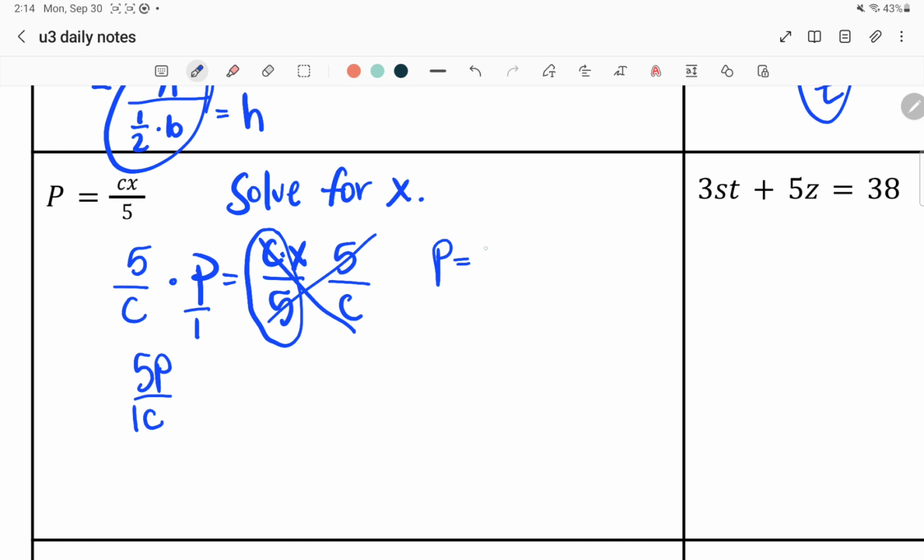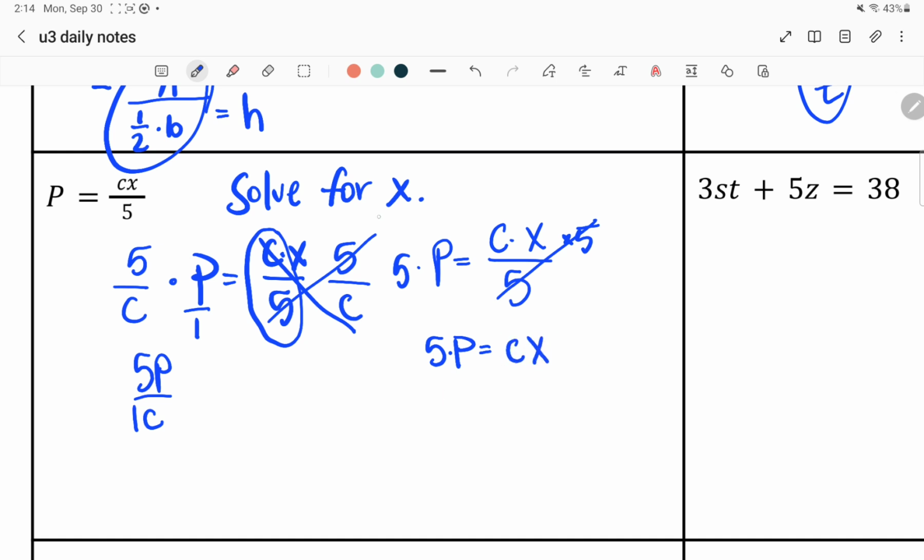Okay, I've got p equals c times x over 5. I see that I have a divide by 5, so I need to multiply by 5 on both sides. And that cancels out on my right, and I'm left with 5 times p equals cx.